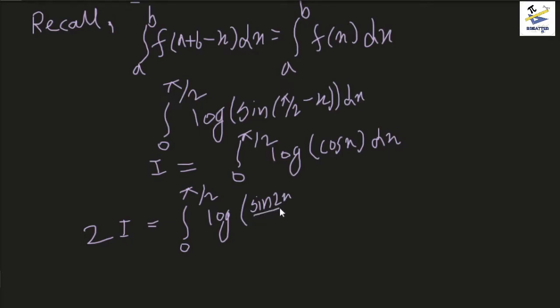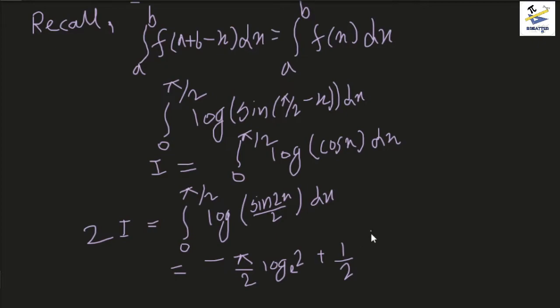Sine 2x by 2 dx. And using some manipulations we can write it as log of sine 2x minus log 2. The minus log 2 part would be minus pi by 2 log 2 with the base of e, and for this part, when you substitute 2x, you get the limit as 0 to pi, and the factor is half.